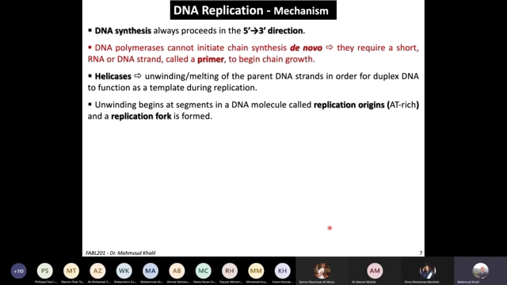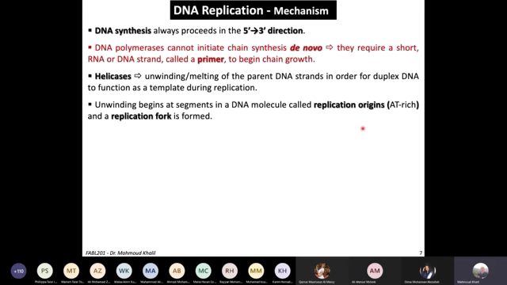Helicases are also involved in unwinding and melting the parent DNA in order for the duplex DNA to function as a template during replication. The unwinding begins at segments in the DNA molecule, the replication origins, and usually these replication origins are AT-rich regions.